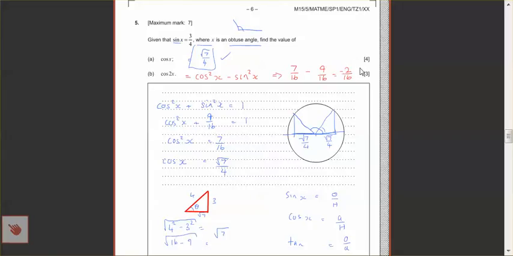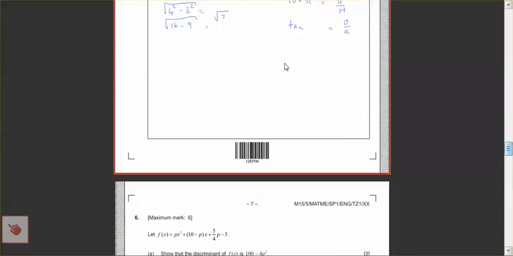So if we've got a negative adjacent, but also cos of 2x is a negative value, right? Do you remember what cos of 2x looks like as a curve? That's another way of thinking about it.